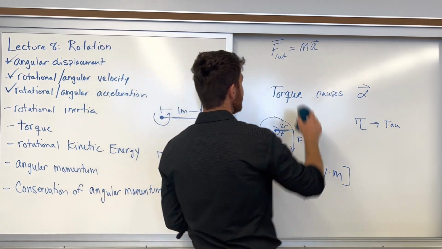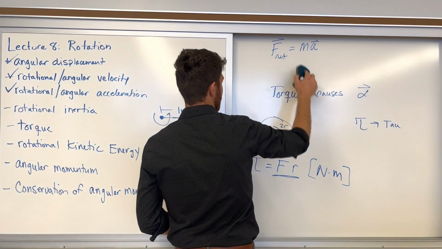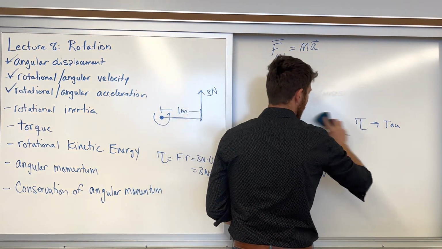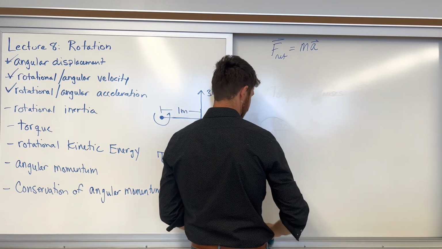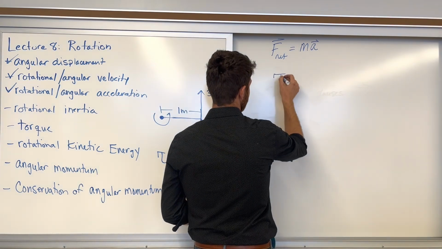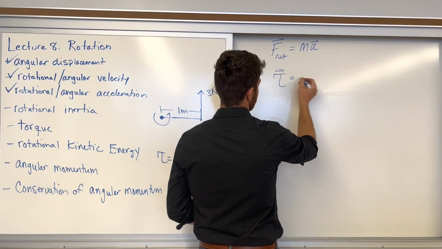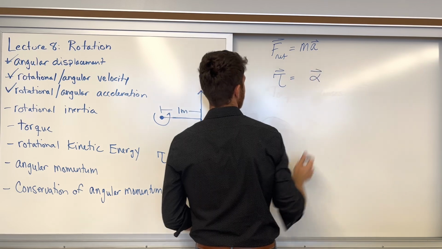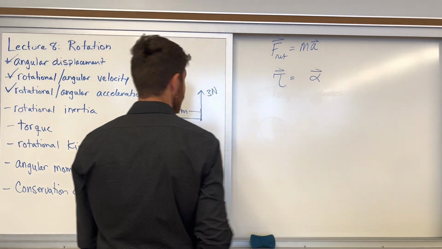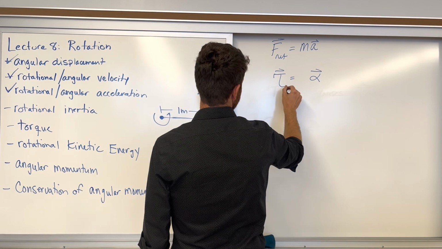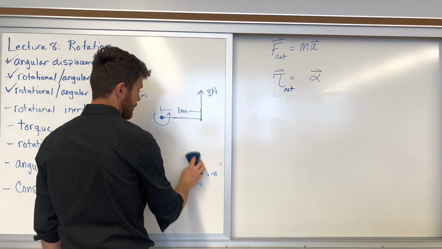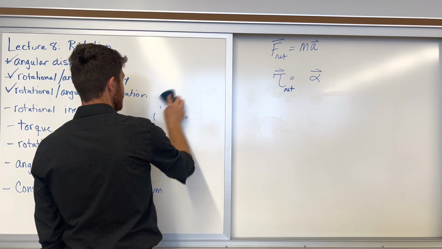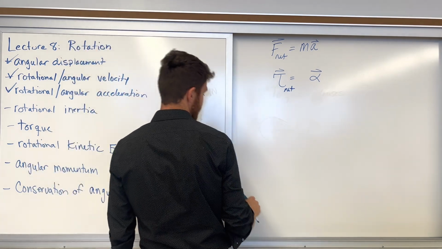So we can rewrite Newton's second law in terms of torque and angular acceleration. So torque, okay? It's very similar to Newton's second law. This is the net torque, because there could be multiple torques. So this is very similar to Newton's second law in translation.